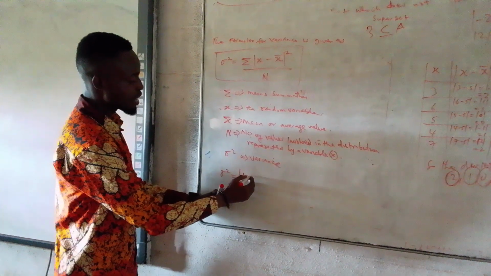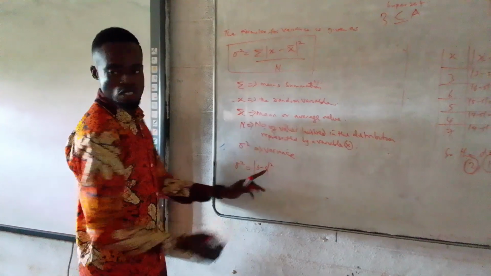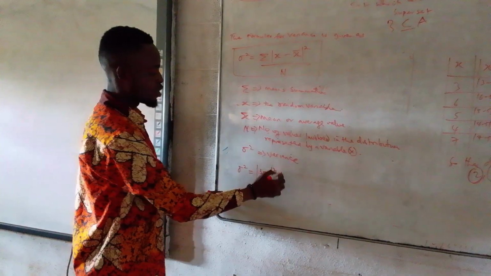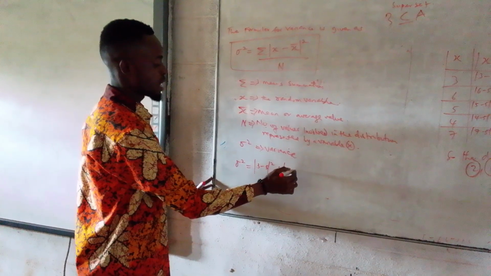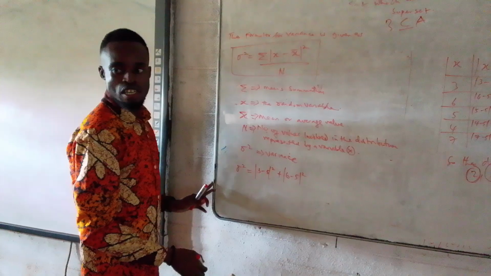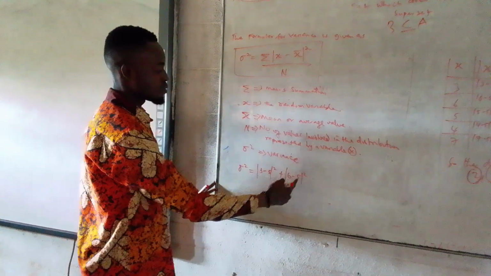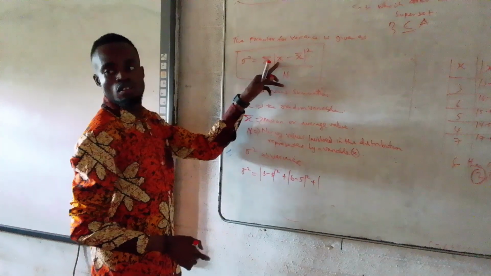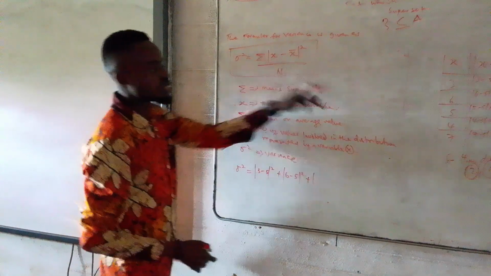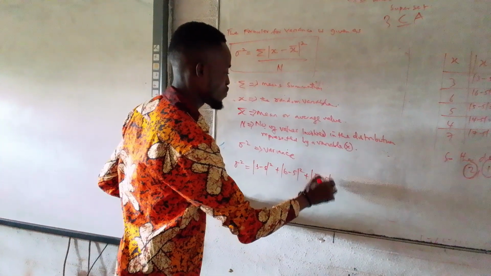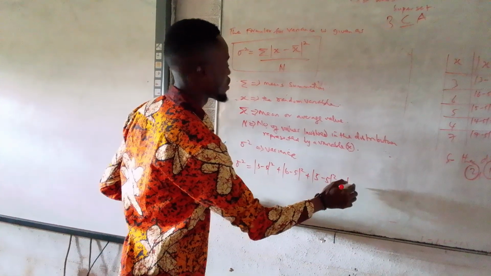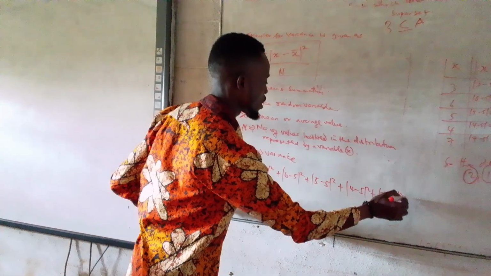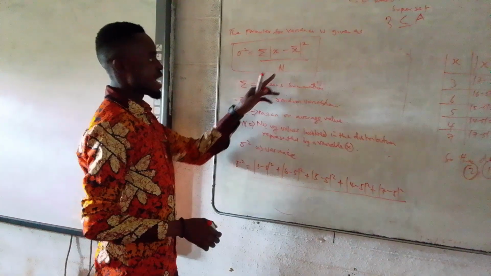That is 3 minus 5 squared, where x is 3 and x bar is 5, plus 6 minus 5 squared, plus 5 minus 5 squared, plus 4 minus 5 squared, plus 7 minus 5 squared, over n.